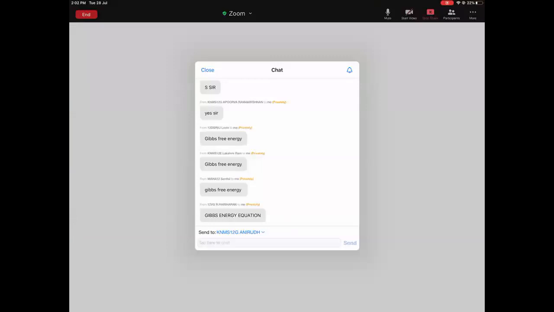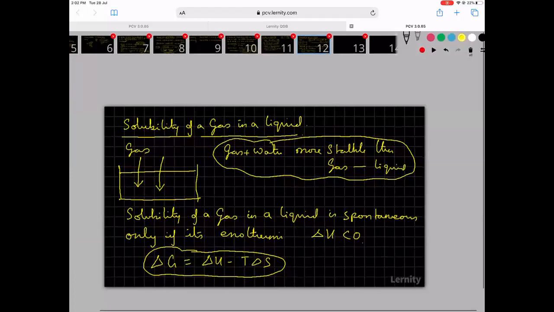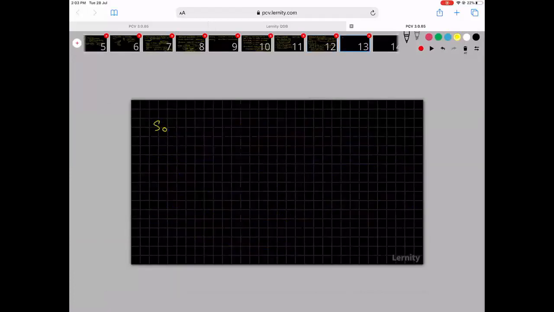Now I am asking you a question. Suppose on this side I have solute. In our case right now we are looking only at gas in liquid. We are not looking at anything else. So solute plus solvent gives the solution.